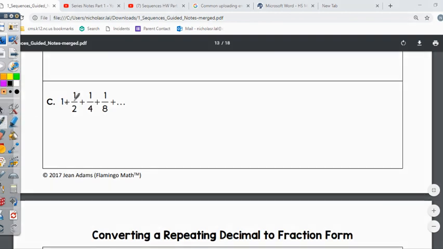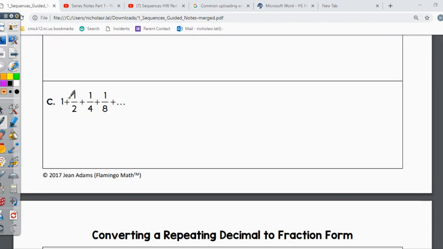So here, if we notice, each term is going to be multiplied by 1/2. So 1 times 1/2 is 1/2. 1/2 times 1/2 is 1/4. 1/4 times 1/2 is 1/8. So we know that r is equal to 1/2. The absolute value of 1/2 is less than 1, so the series converges.